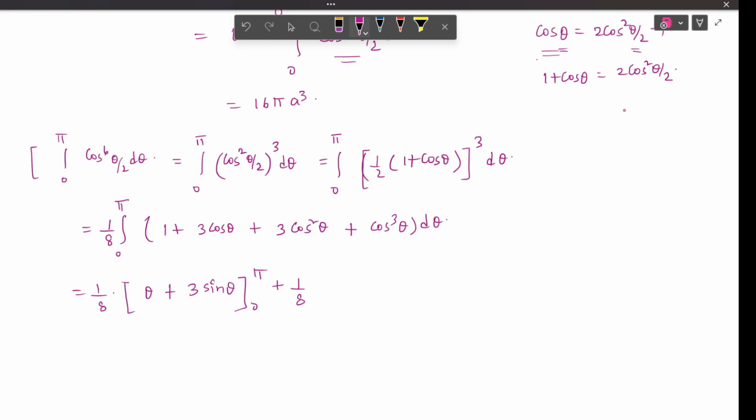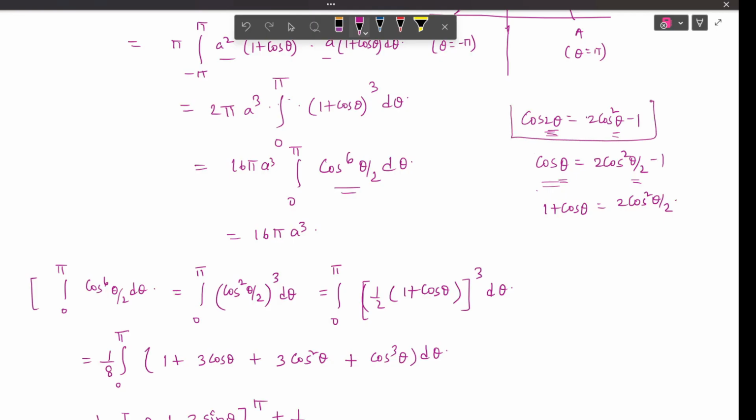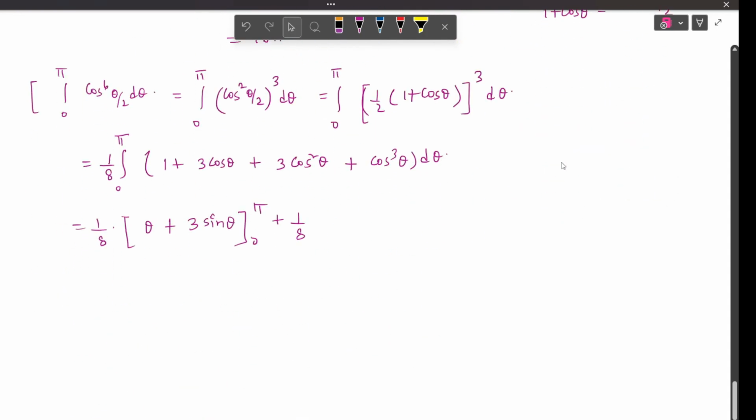So this would be from here. You can say for cos square theta would be (1 plus cos 2 theta) by 2.